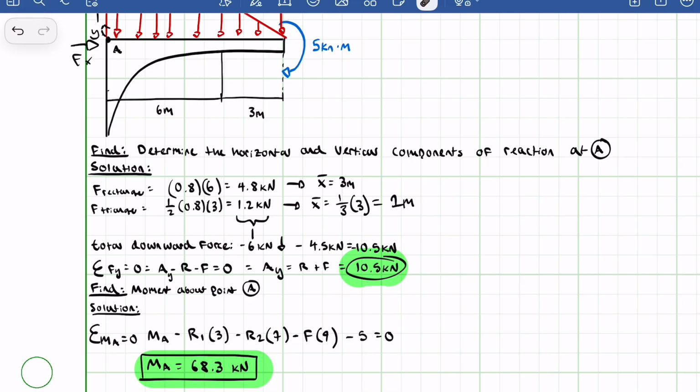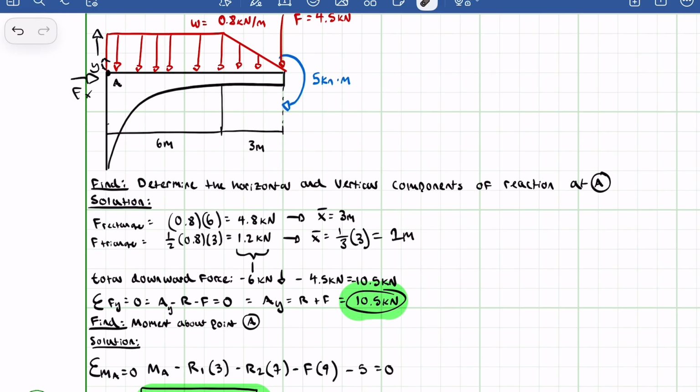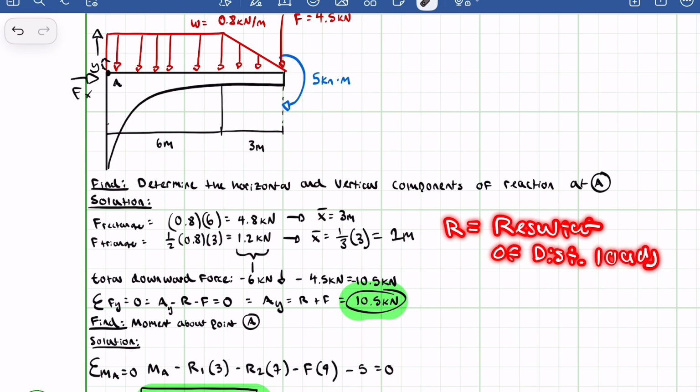Statics is equal to AY, which is AY right there, minus R, which in this case is equal to our resultant of distributed loads, right?